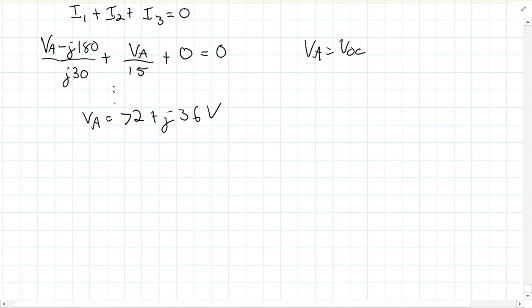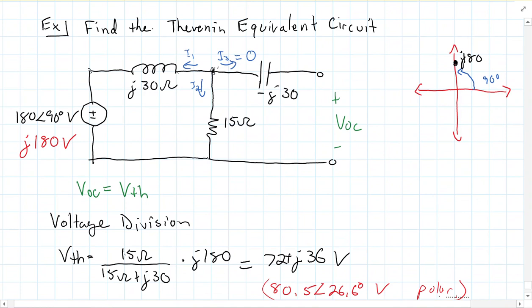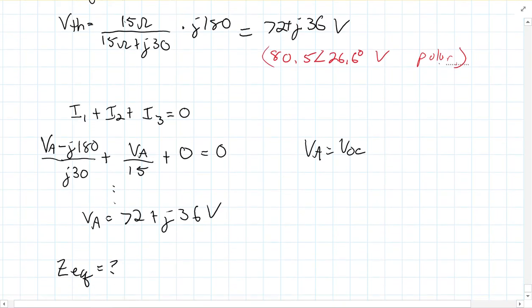Now, we also have to find ZEQ. But remember, because all we have here are independent power supplies, when we were dealing with resistors, we would just turn off the independent power supply and find the equivalent resistance. Well, it's going to be the exact same for the Thevenin.